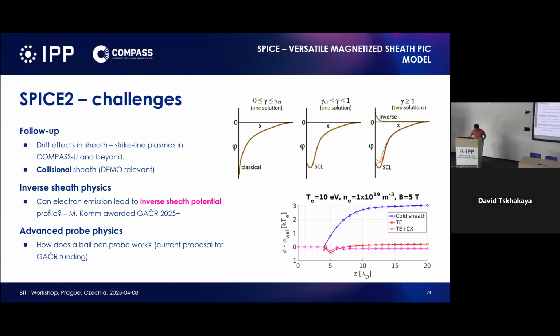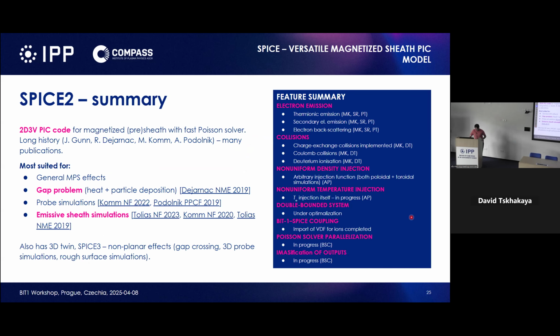Basically, you get an exponential, but from the positive potential to zero, as some preliminary simulations indicate could be possible to obtain. And again, we are working on advanced probe physics, and this is my summary to show you a list of the features and some summary of publications.